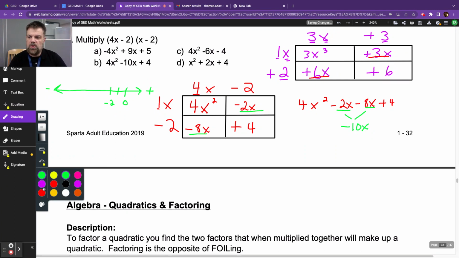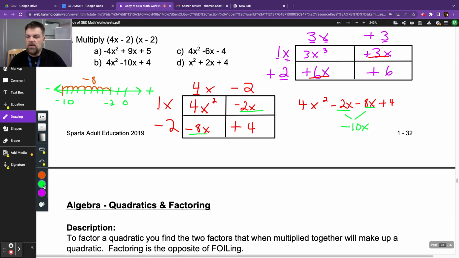Now, I'm going to move 8 units to the left: 1, 2, 3, 4, 5, 6, 7, 8. 8 units in the negative direction. Now, what do you think that number is? It's going to be -10. You got it. See how that works? If you put this in, this is 3, 4, 5, 6, 7, 8, 9, 10.